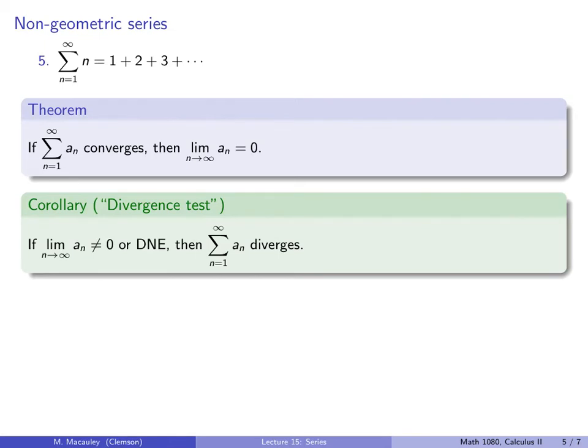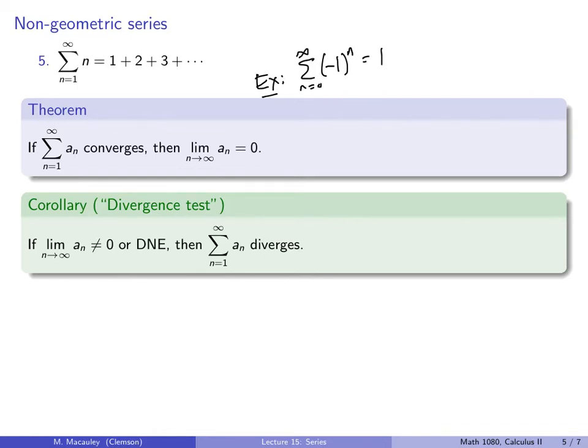We can make this into a theorem. It says, if a series converges, then the limit of the terms goes to 0. And while this may seem obvious, there are some subtleties. For example, what if I have the series (negative 1)^n from n equals 0 to infinity?